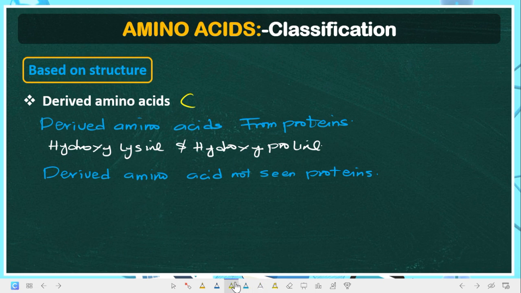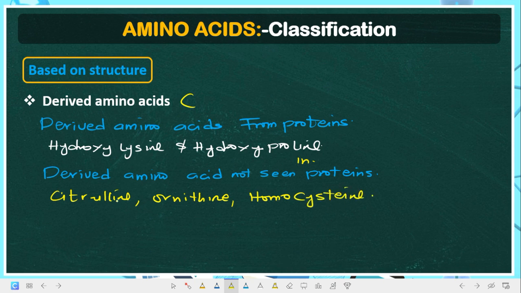Examples are citrulline, ornithine, and homocysteine. All these ones are derived amino acids that are not seen in proteins, but they can be seen in the free cells.